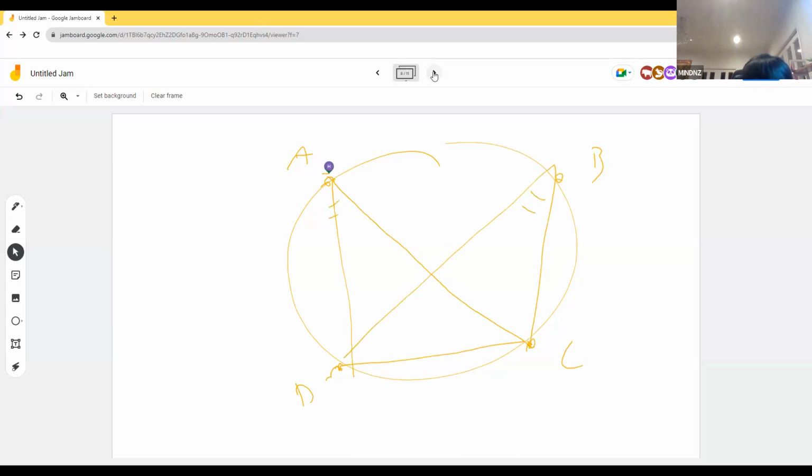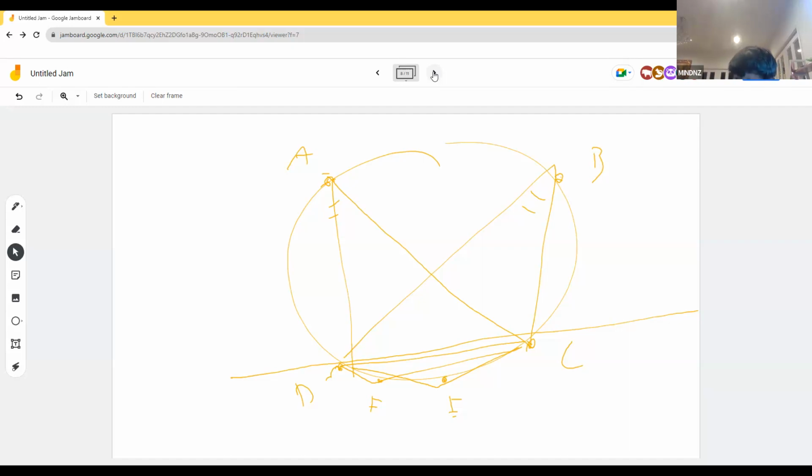However, A and B are both on the same side of DC. For example, if point E was here, angle DEC is definitely not equal to angle DAC or DBC. But if point F was here, then DFC is equal to DEC. Right, it has to be on the same arc. A and B are on the major arc, and F and E on the minor arc.